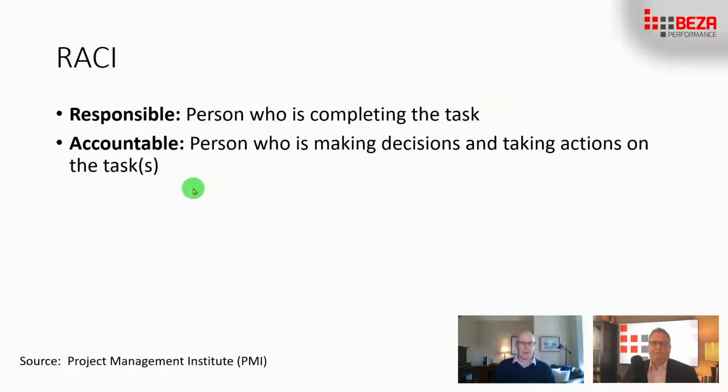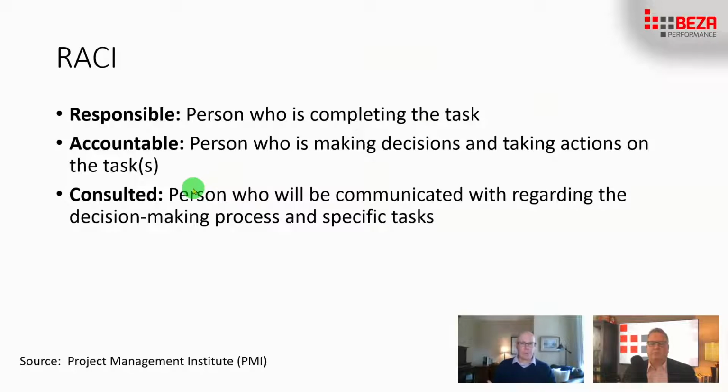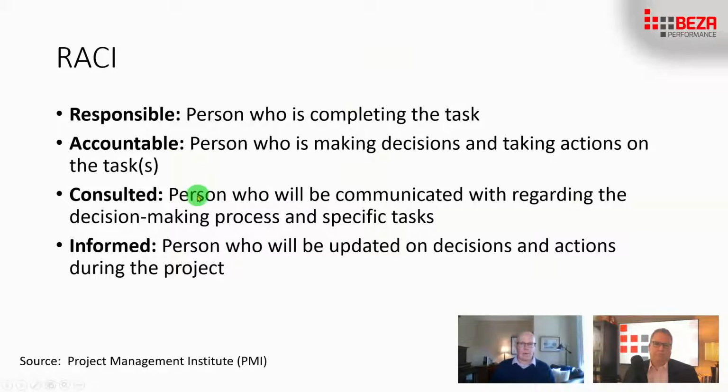The other two within the RACI construct: there's the person who is consulted, so they're communicated with as part of the decision-making process. These are the additional people in the room who don't have that particular responsibility and accountability.